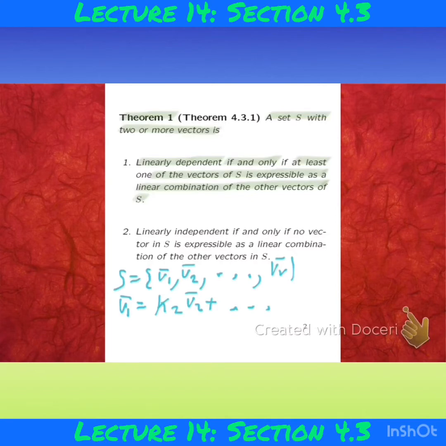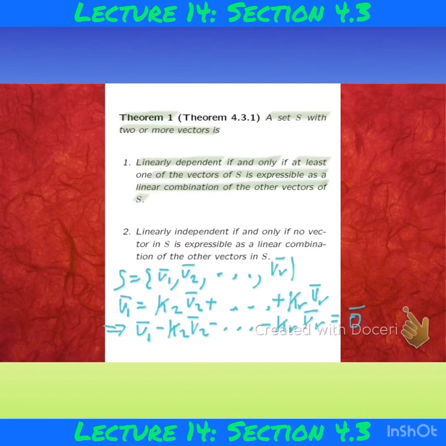So you can find scalars K2 up until KR such that V1 equals K2 V2 plus up until KR VR. Then clearly you can write V1 minus K2 V2 minus up until minus KR VR equal to the zero vector.